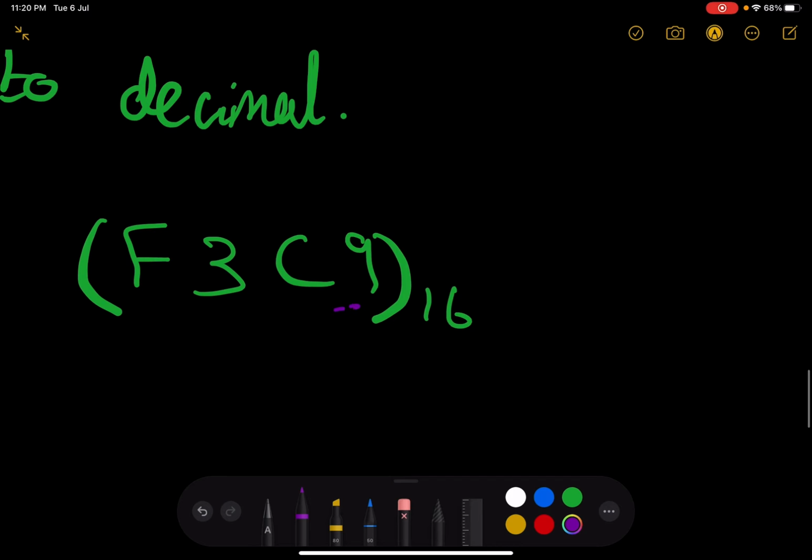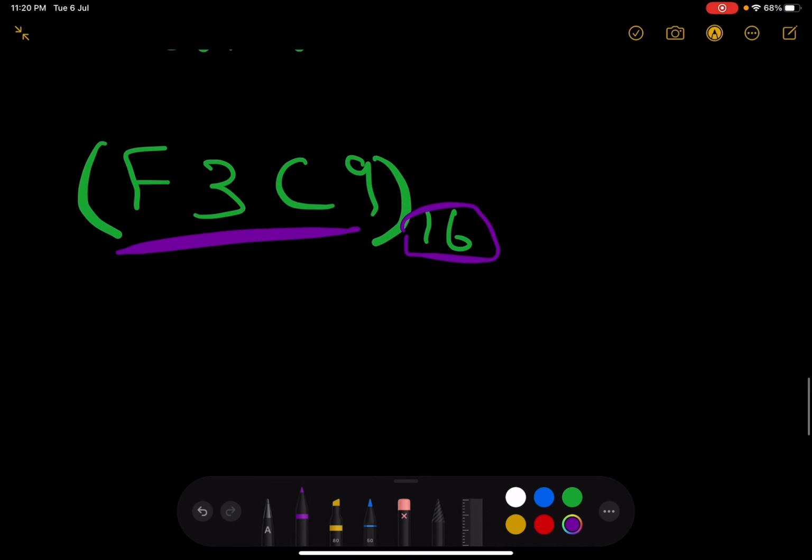We have this number in hexadecimal, and you want to convert it to decimal. So for this one, we're going to make some slight changes here, because in the previous examples, all the digits that we dealt with were actually in the decimal system.